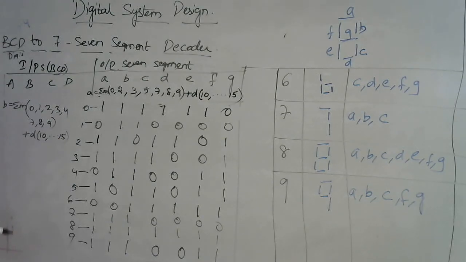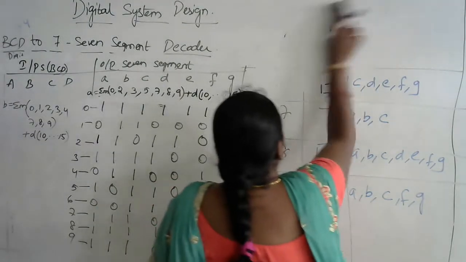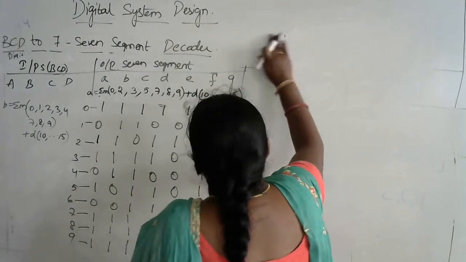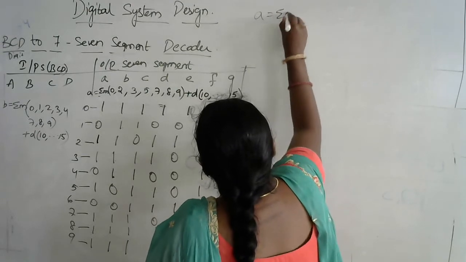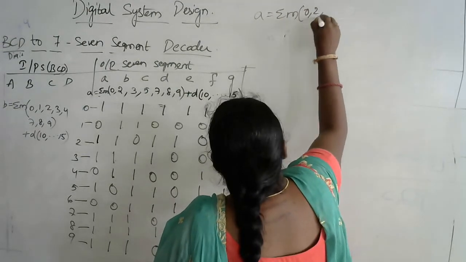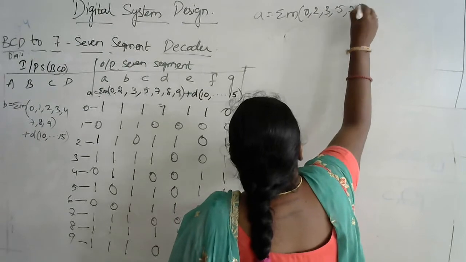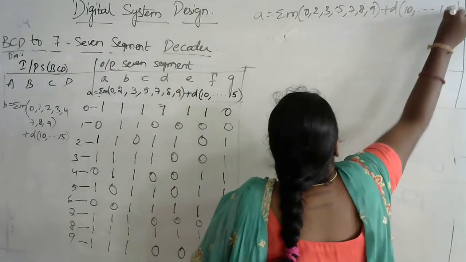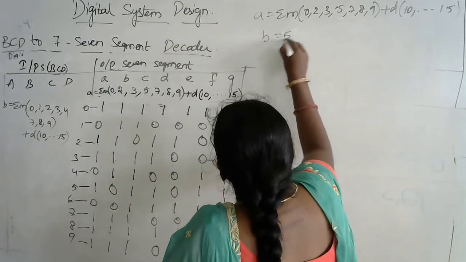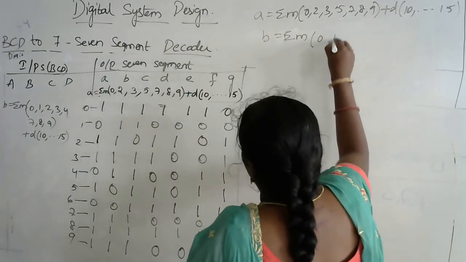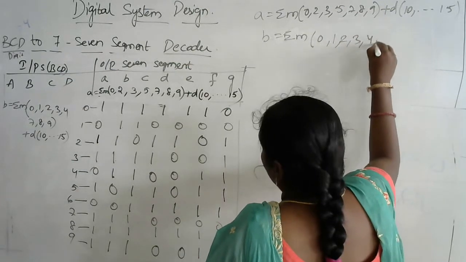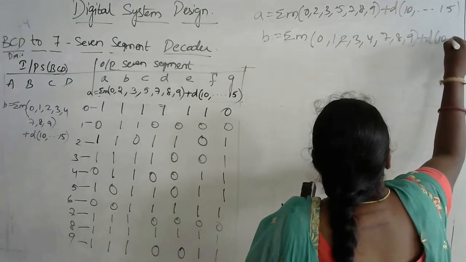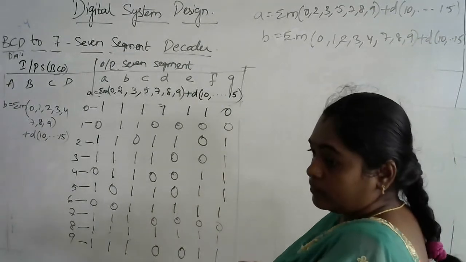Similarly, how will you write down the expression for C? Let me write down all the expressions over here. A is equivalent to sigma m of 0, 2, 3, 5, 7, 8, 9 plus d of 10 to 15. Similarly, B equal to sigma m of 0, 1, 2, 3, 4, 7, 8, 9 plus d of 10 to 15.